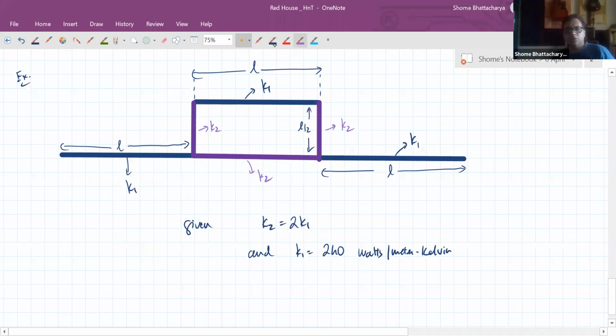Yeah, so now coming back to this, so this is additionally what is given to us. Now all the rods have same area of cross section, which is 6 centimeters square.